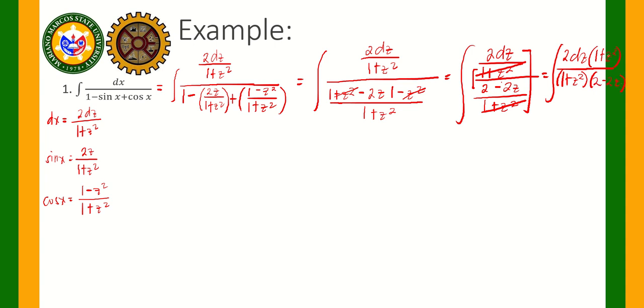Since the operation here is multiplication, we can cancel 1 plus z squared. Even without simplifying like this, you can just cancel right away.